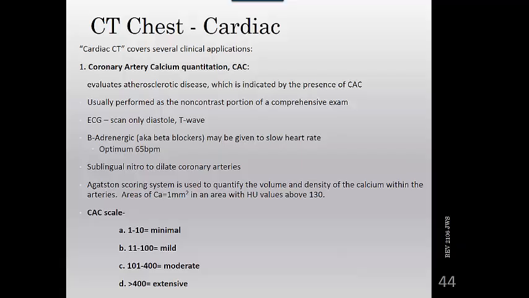But the CAC scale, what you're going to need to be concerned with, and all your software figures this up, is you set your ROIs within those calcified areas and the sections that you want to measure, and it'll do it for you. So 1 to 10 is minimal, 11 to 100 is mild, 101 to 400 is moderate, and then greater than 400 is extensive calcification.